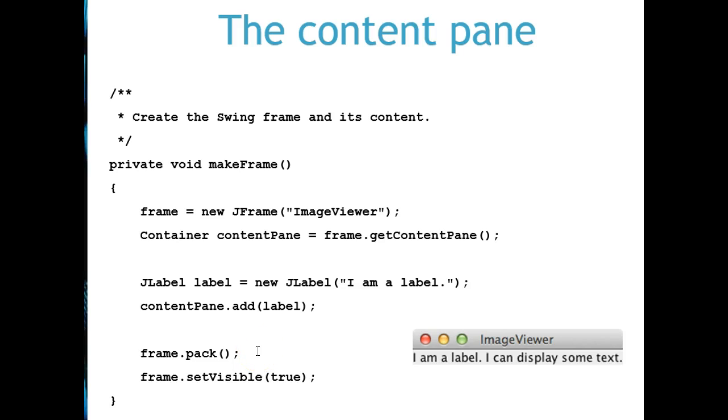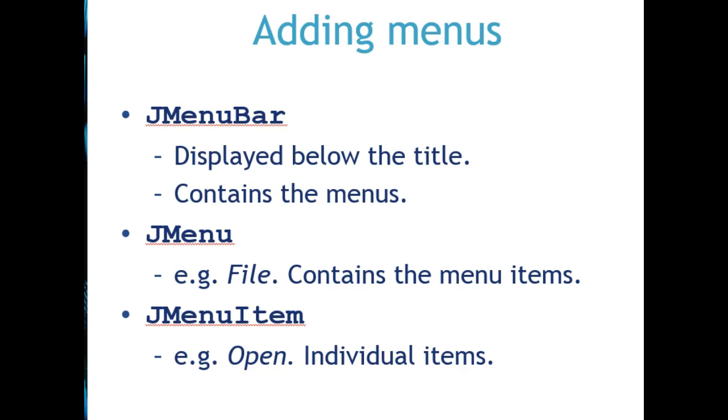The last line makes the frame visible on the screen, and we can always start out with the frame being invisible so that we can arrange all the components and then make it visible to the audience. The next step in building the GUI is to add menu and menu items.